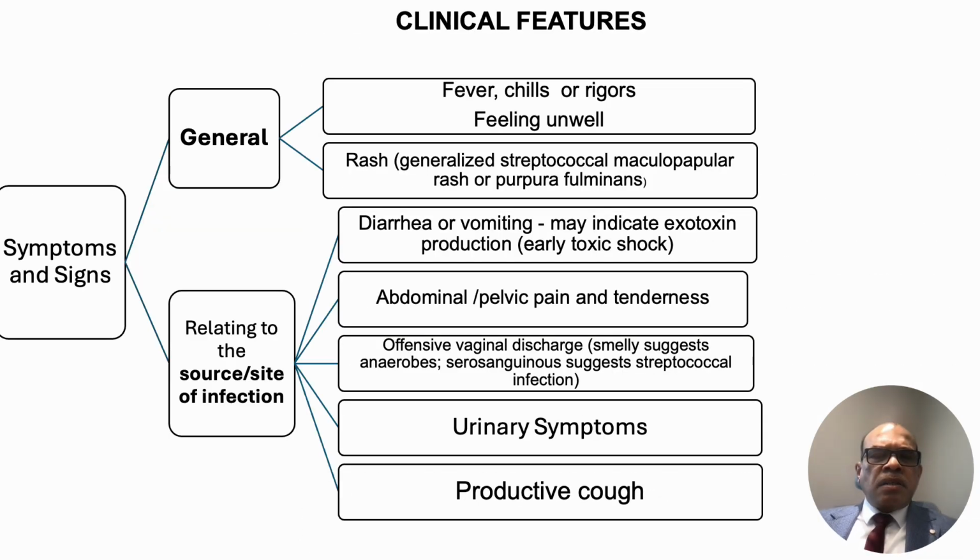So the general clinical features are very easy. From medical school, we have initially the evidence of infection, where the woman will have fever, chills, rigors, etc. Then if you have community-acquired streptococcal infection, group A, you might have generalized rash, etc. And if the source of infection is in the gastrointestinal system, diarrhea and vomiting may be one of the features.